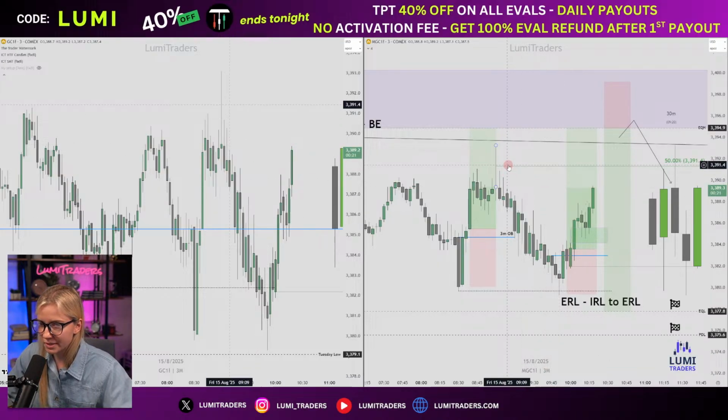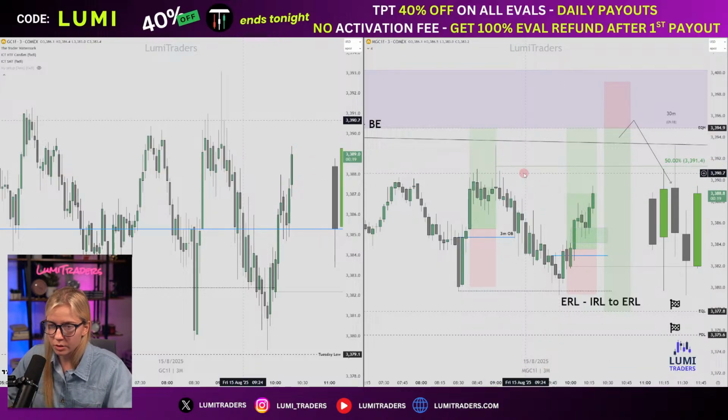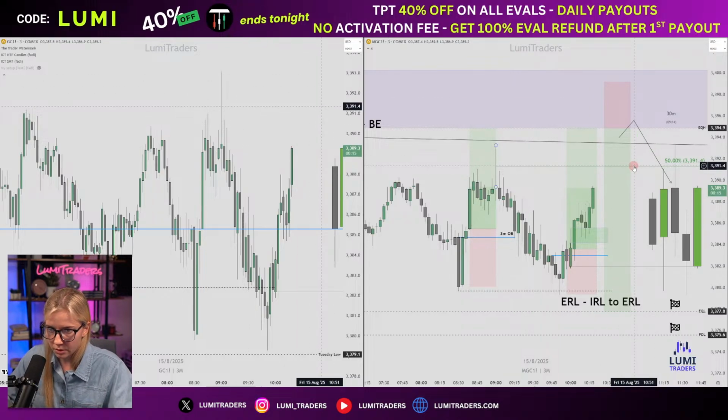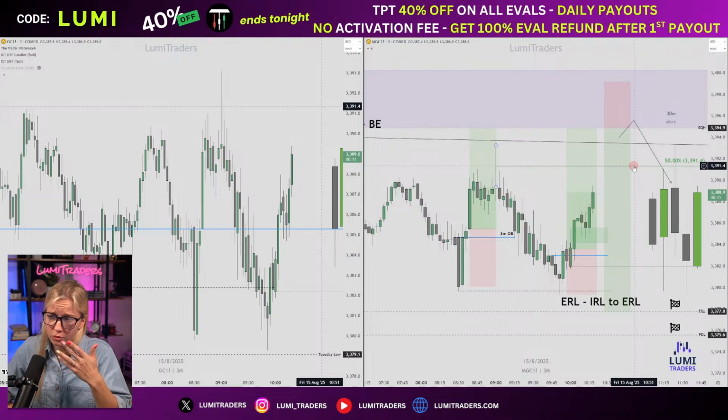I call this the first barrier for price to go higher. 33.91.4 should be retested, and we will try to look for the action from there.